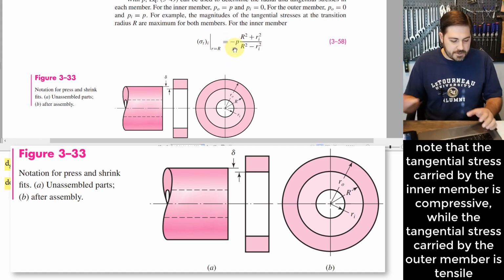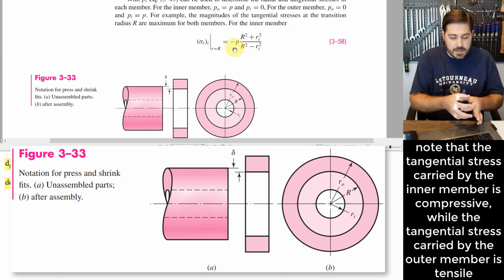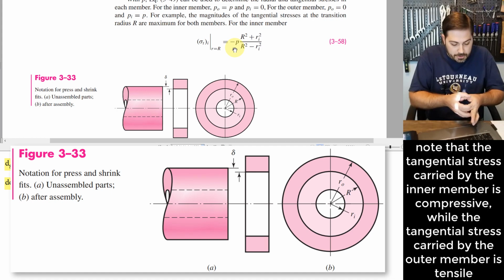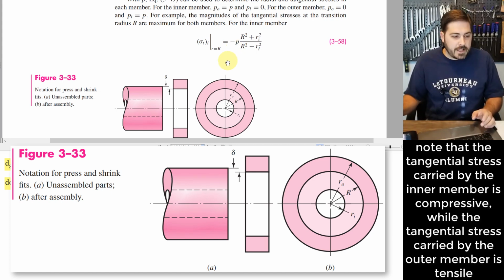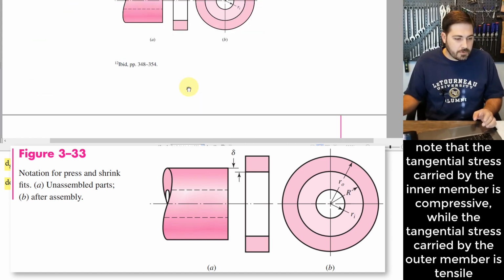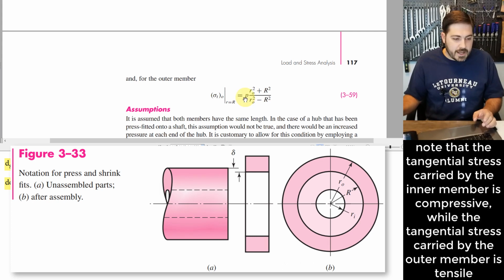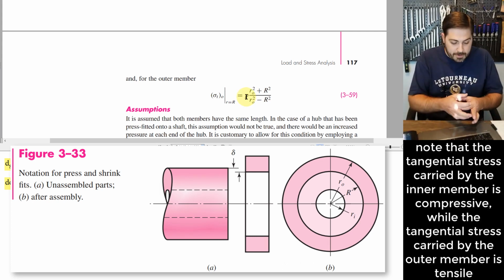What this is saying is that there's going to be a compressive stress in that outermost ring of material on that inner member. And that kind of makes sense because you're putting this hub on there and it's going to try to crunch this thing down, which makes it smaller in circumference. And as it gets smaller in circumference, you would imagine that would cause compressive stress in that inner member. Whereas this other one, you see it does not have a negative sign there. That's because for the outer member, as it pushes over that inner member, it's trying to do the opposite.